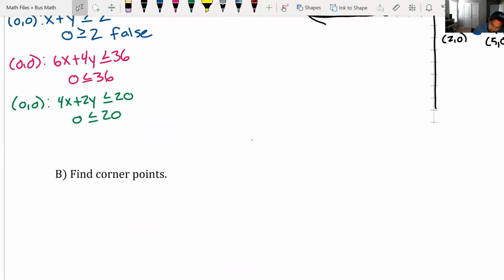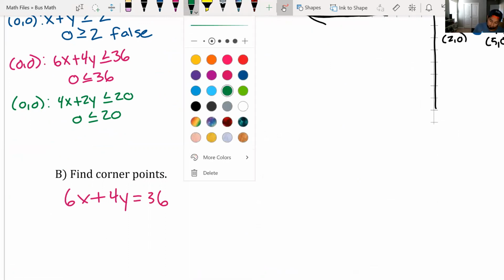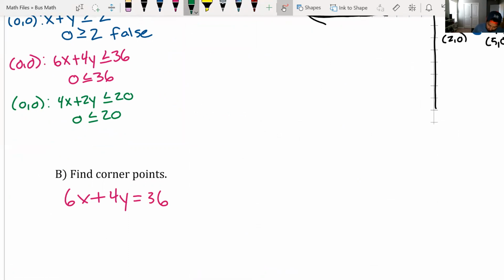The red line is 6x plus 4y equal to 36. And the green line is 4x plus 2y equal to 20.